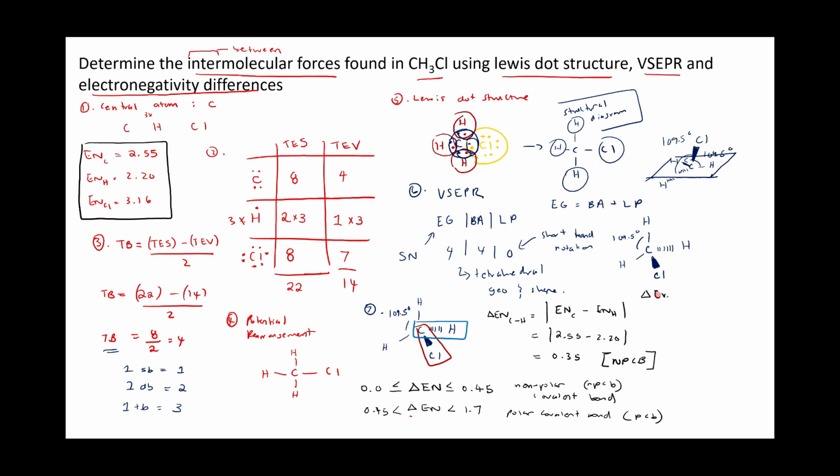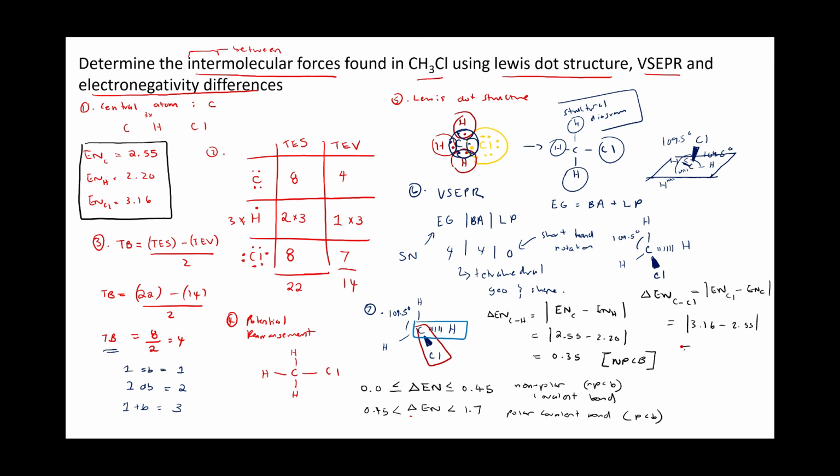So let's take a look at the electronegativity between carbon and chlorine. In this case, we're doing electronegativity of chlorine minus electronegativity of carbon. If we look at the values here, chlorine is 3.16, carbon is 2.55.